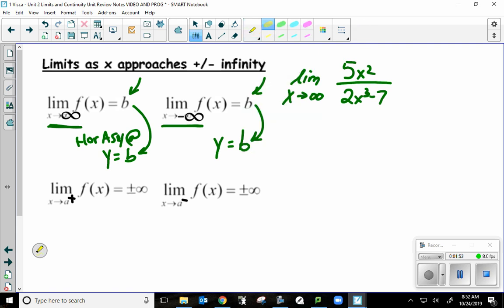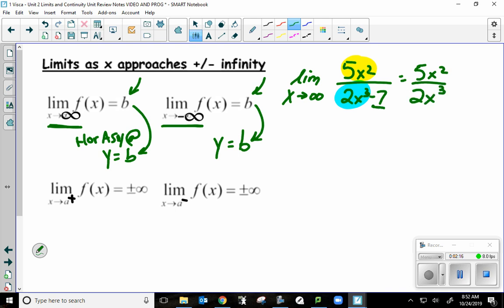I simplify it, and then I plug in infinity for x if there are any x's left. My biggest term at the top, well, there's only one term. It's 5x squared. My biggest term at the bottom is 2x cubed. So I end up with 5x squared over 2x cubed.